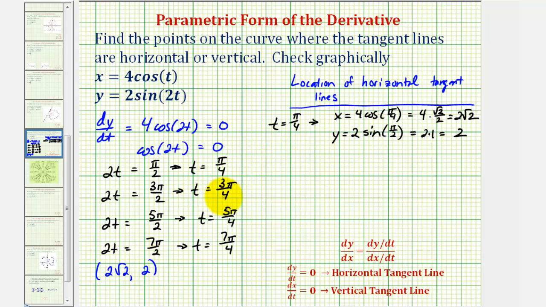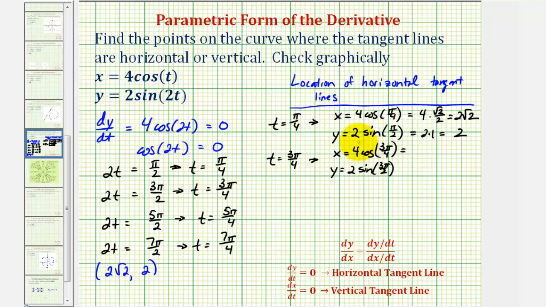Now let's consider t equals 3pi/4. Again, subbing into our parametric equations, we have x equals 4 cosine 3pi/4 and y equals 2 sine of 3pi/4 times 2, which would be 3pi/2.